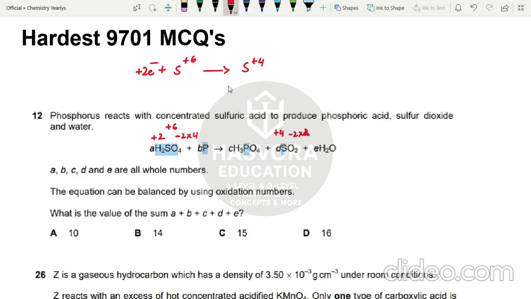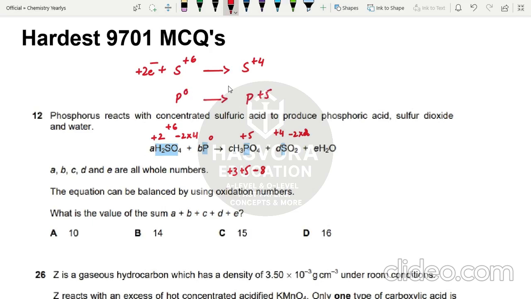Now let's check for the phosphorus. Phosphorus is in the elemental form here, so it will be 0. And in the H3PO4 it will be +3 for the 3 hydrogen atoms, then -8 for the 4 oxygen atoms, and then let's add these. -8 plus 3 becomes -5, so phosphorus will be +5. So phosphorus is going from 0 to +5.